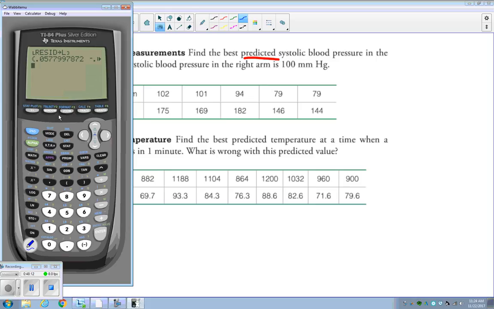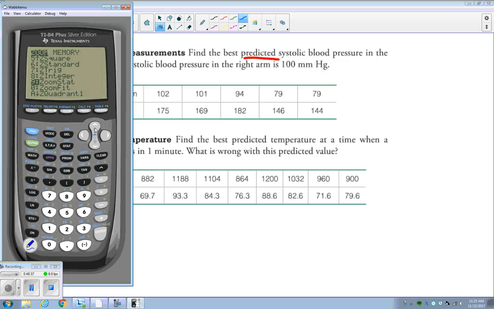Everybody second quit and get out of that stat plot. You're going to go to zoom and cursor down to zoom stat. Remember, that's going to adjust my window to fit the data that I've put in.